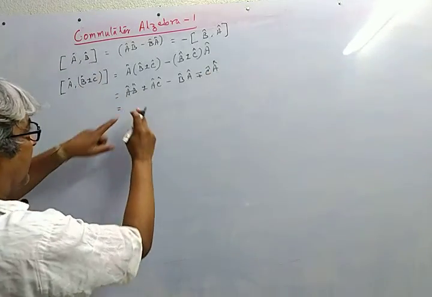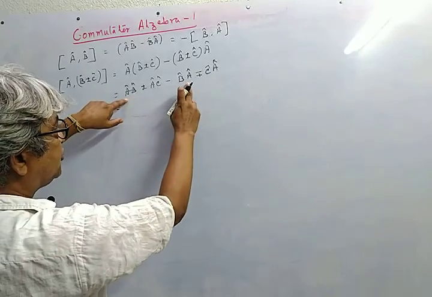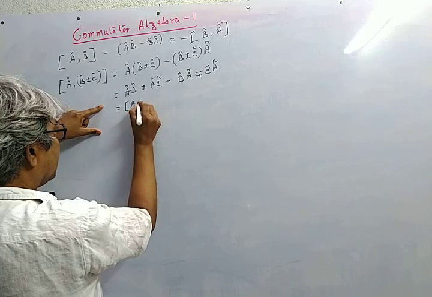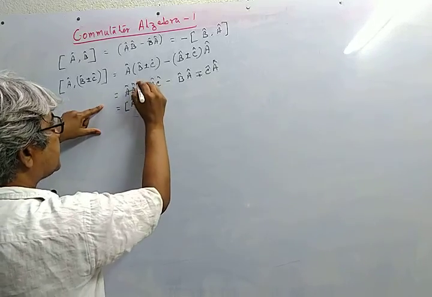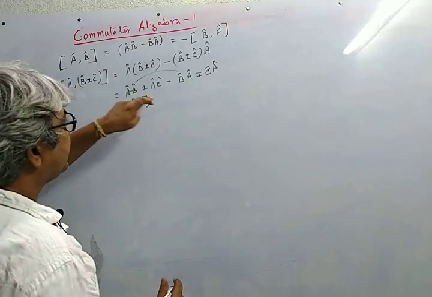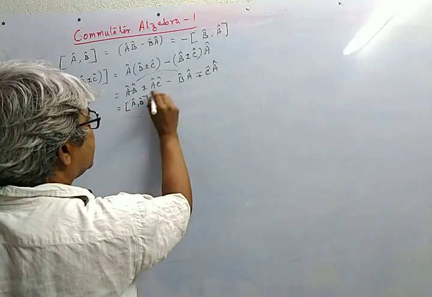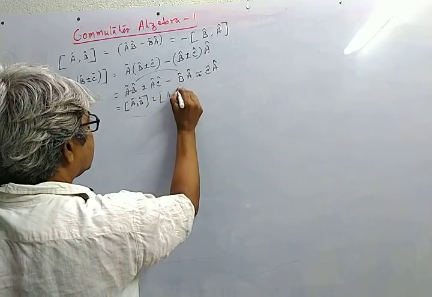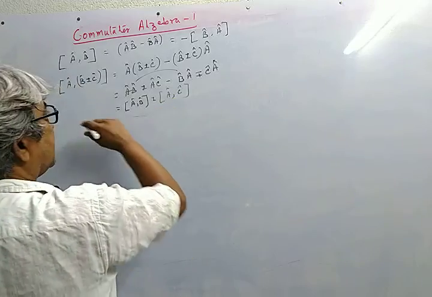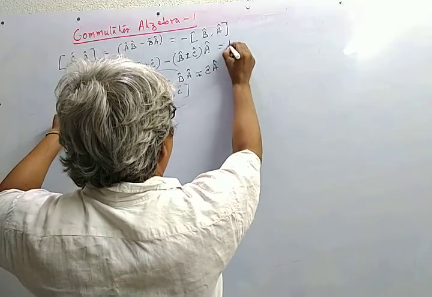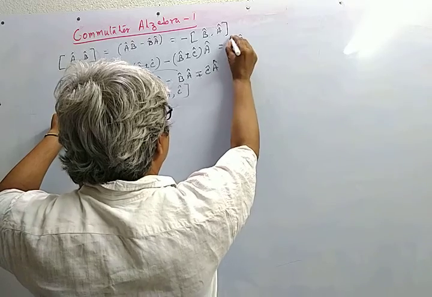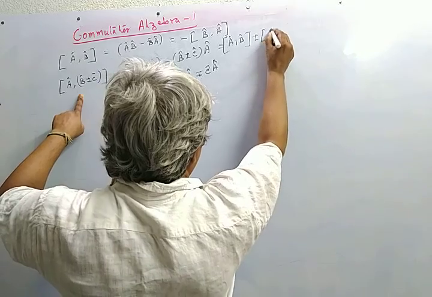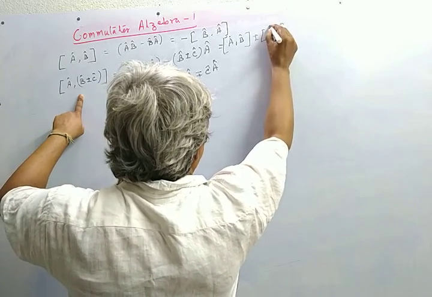If we couple these two terms, this is A commutator B, and if we take the other two terms, this is A commutator C. So the result is simply A commutes with B, plus or minus A commutes with C. This is the simple rule.